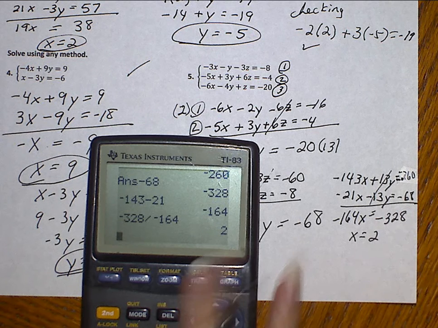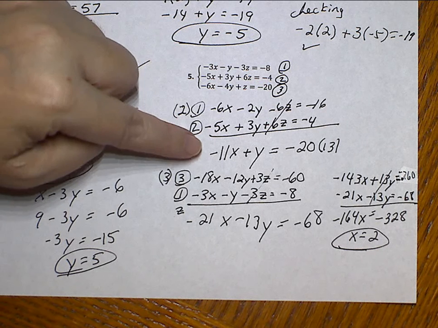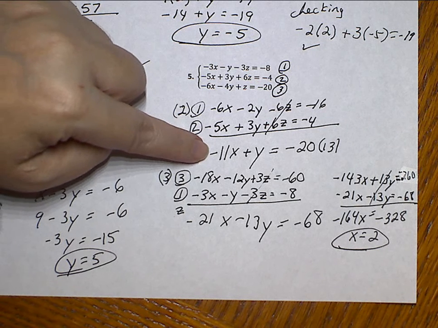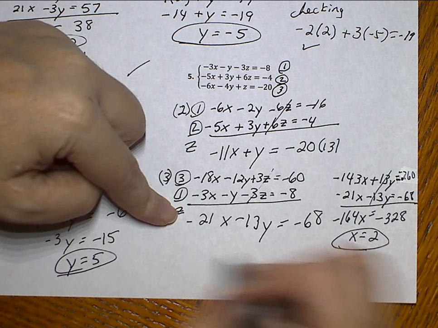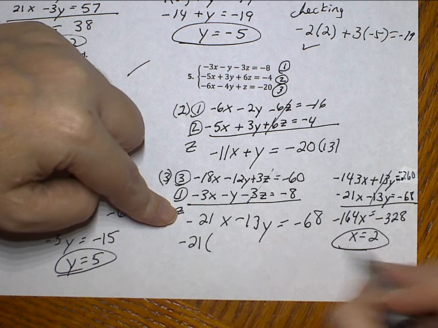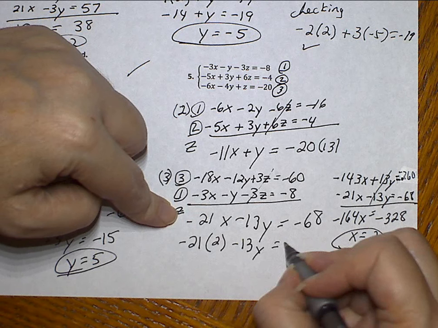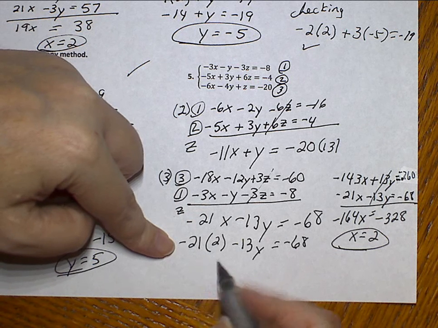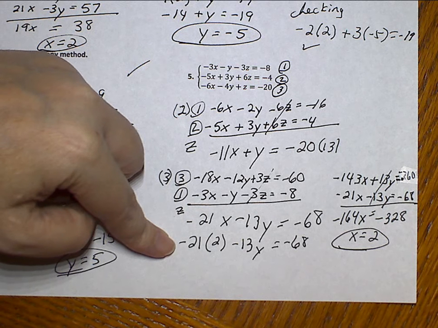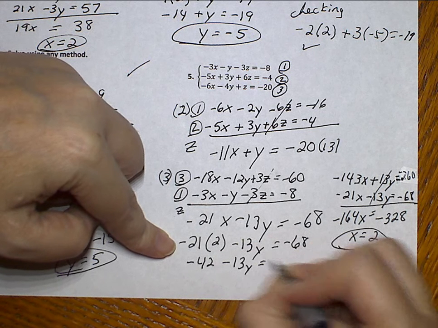Alright, so I solved for 1, huh? So x is 2. We can find out what y is by using this one, or this one, it doesn't really matter. Might as well just use this one since it's down there. So we have negative 21 times x, which is 2, minus 13y is equal to negative 68. 21 times 2 is 42, so I have negative 42 minus 13y is equal to negative 68.